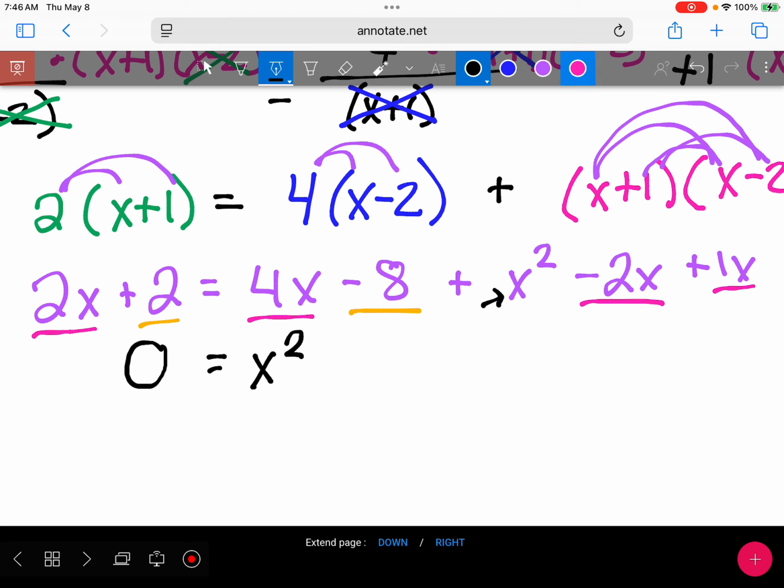So we're going to have our x squared. And then to get rid of this 2x over here, we've got a minus 2x from both sides. So what we have is 4x minus 2x plus 1x.